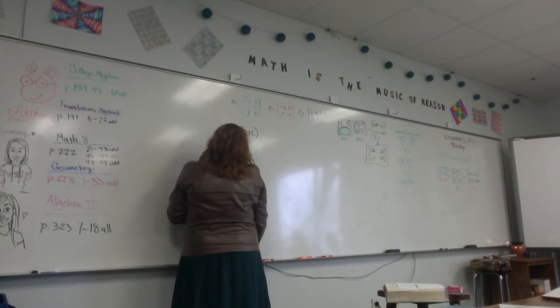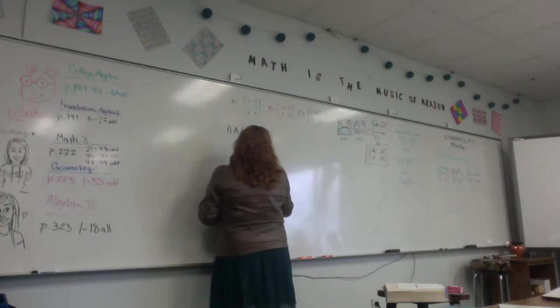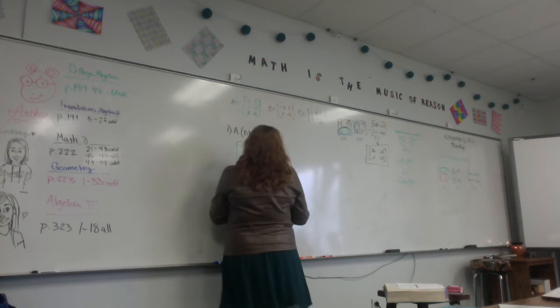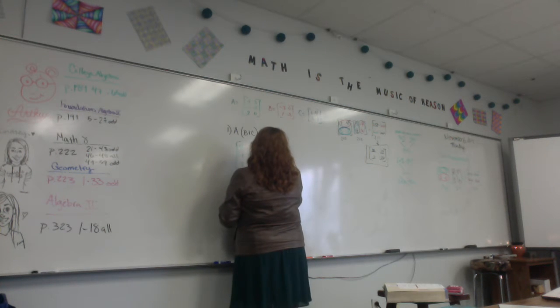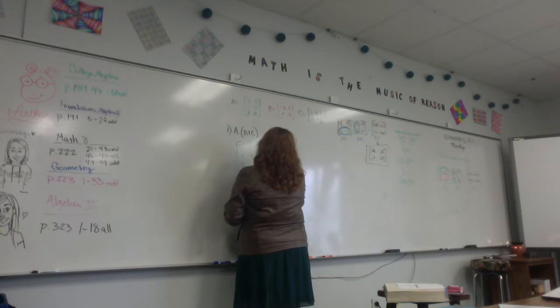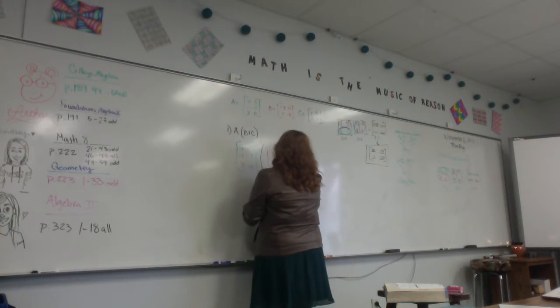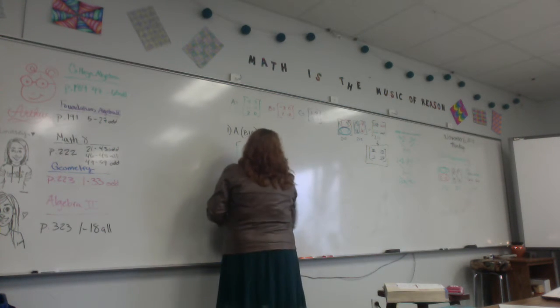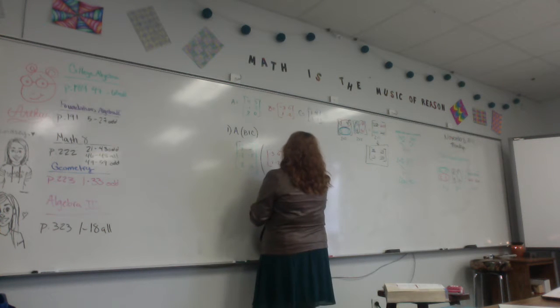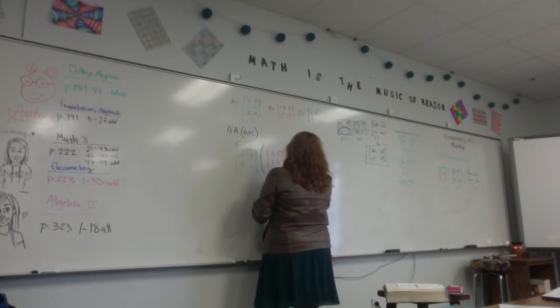We're going to multiply that by B plus C. B is -3, 0, 1, -2, plus C, which is 1, 4, -3, -1.